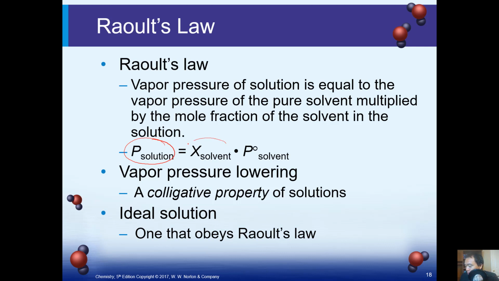It's the mole fraction chi, it's not an X, it's chi solvent, times the P pure or P naught. You don't have to write the solvent, but to emphasize that it's the P for the original solvent.